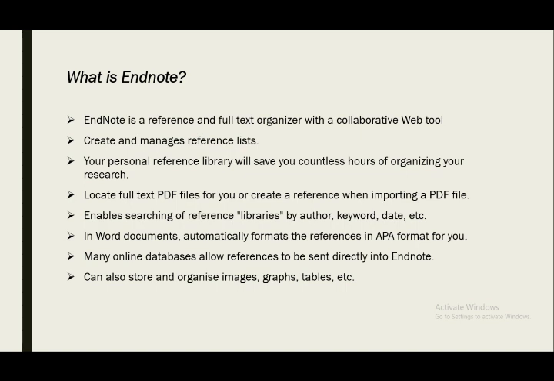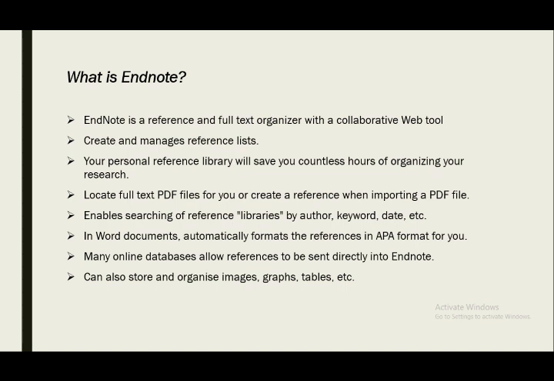It enables searching of reference libraries by author, keywords, dates, etc. In a Word document, it automatically reformats the references in APA format or any other format that you want.